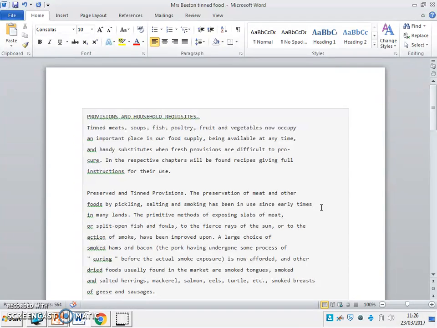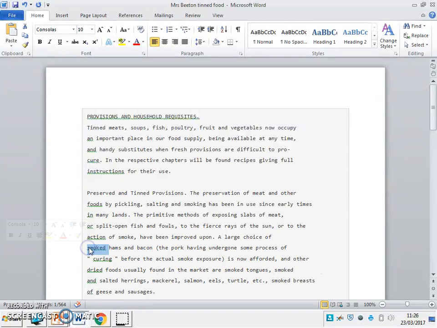And other dried foods usually found in the market are smoked tongues, smoked and salted herrings, mackerel, salmon, eels, turtle, etc., smoked breasts of geese and sausages. So you've got a long list here of what, well, it's meat, fish and fowl, isn't it? It's creatures that have been smoked as a preserving method.